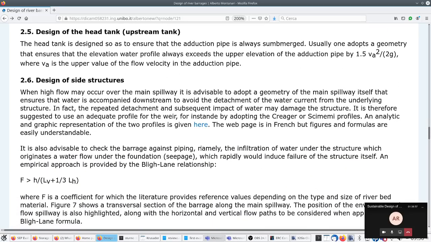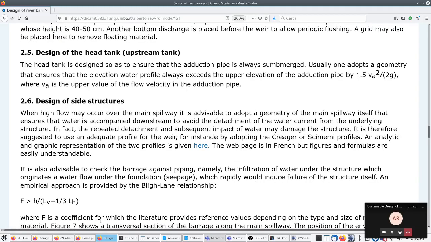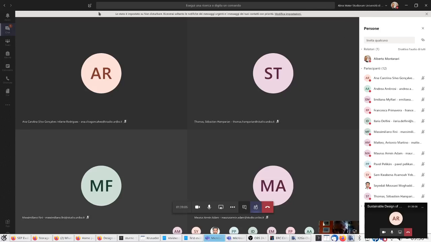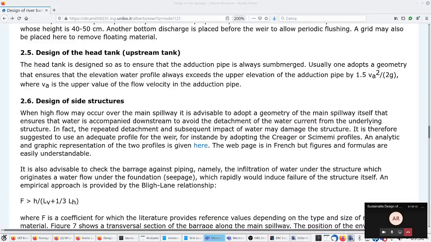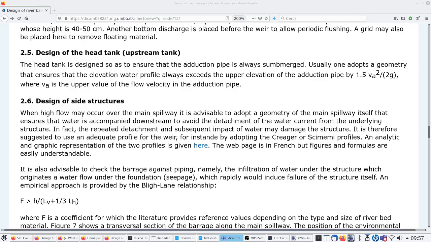One second. I need to get my board and share my screen in this way.